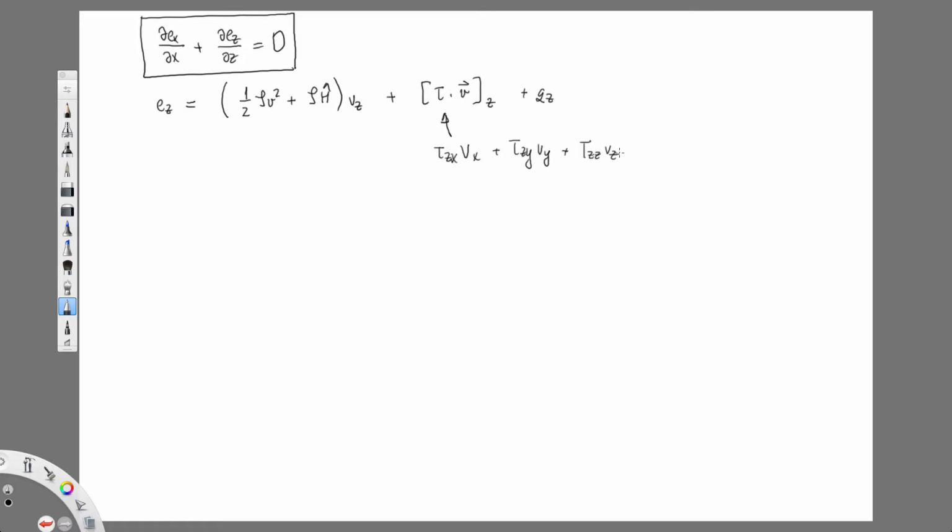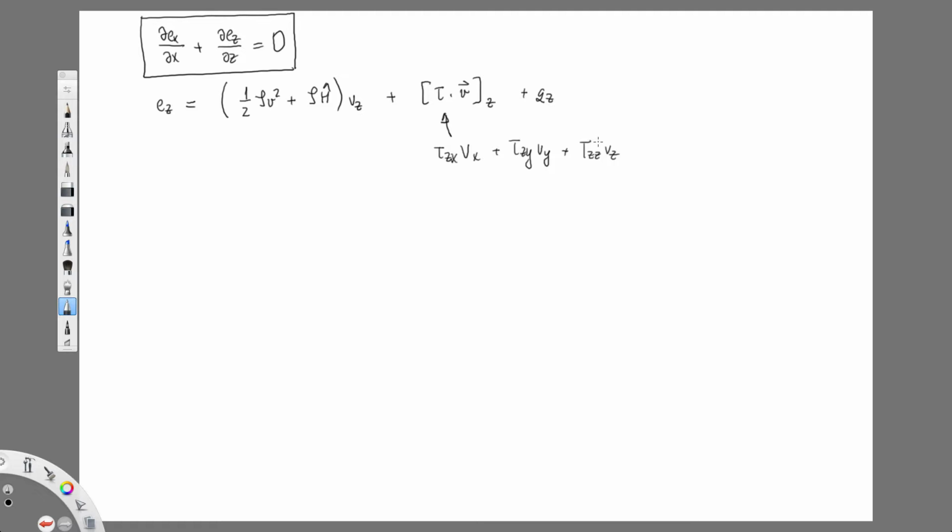And QZ. Now let's look at what we can actually think of as 0. So my Vx, Vy, Vz: Vy is 0, right? That's a simple one. We had x, and so I have no velocity in x direction, so Vx is 0 as well. The only one alive is the one in VZ direction. However, this tau ZZ will involve a derivative with respect to Z of VZ.